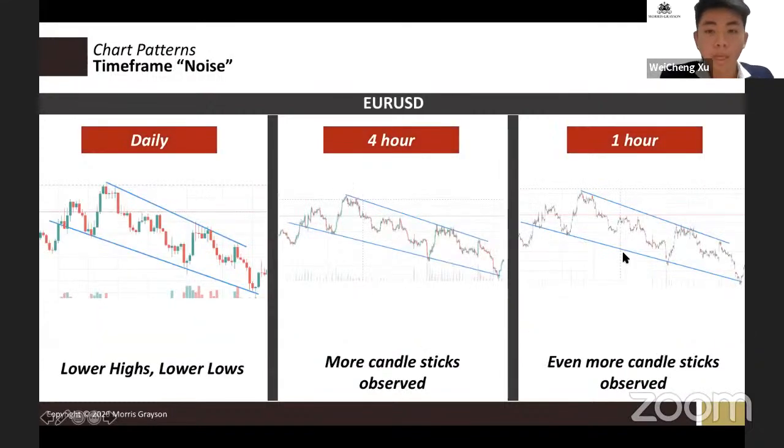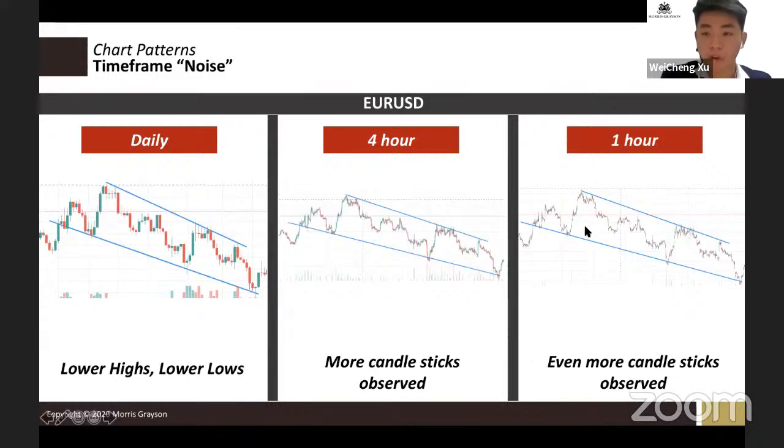Next. As mentioned earlier, in lower time frames you will see an increasing number of candlesticks for the same duration of price movement, and this is the same as we observe market condition patterns. Here we have an example of a downtrend pattern, lower highs and lower lows. For your own trading, as you draw the trend line for a specific chart pattern you have identified depending on the market conditions, you really need to be cautious about the time frames that you are using.